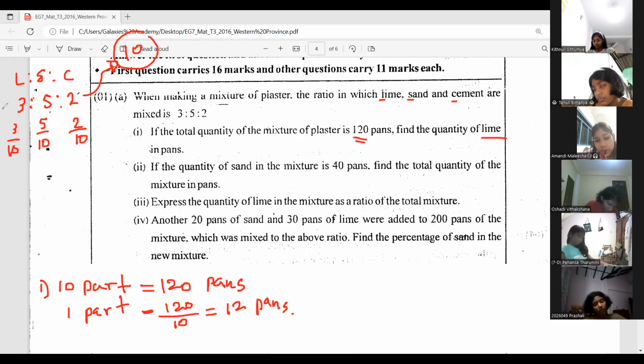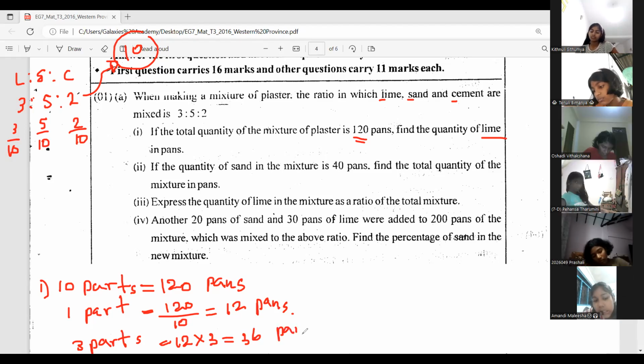Lime, how many parts? There are 3 parts. So you have to find the value of 3 parts. The 1 part value is 12 pans. 12 multiply 3. So what is the answer? 36 pans.